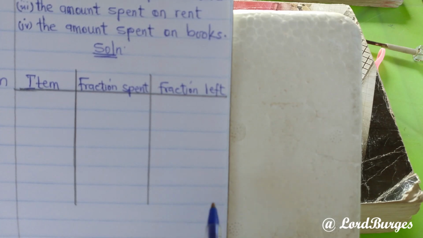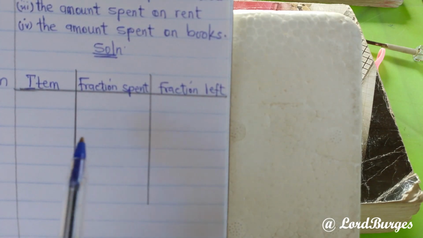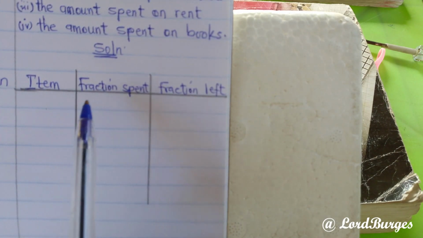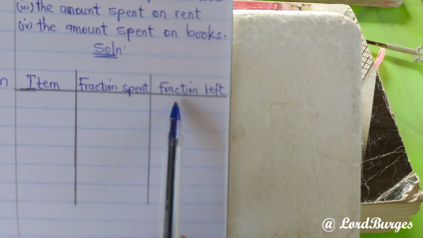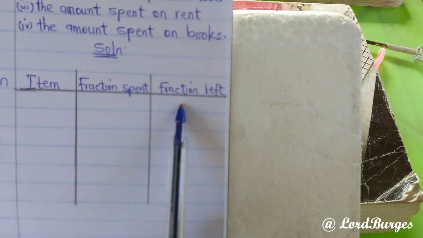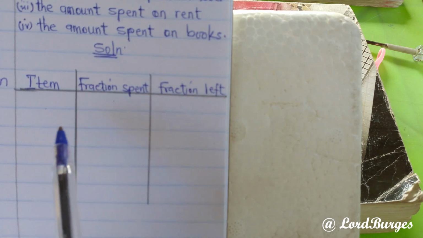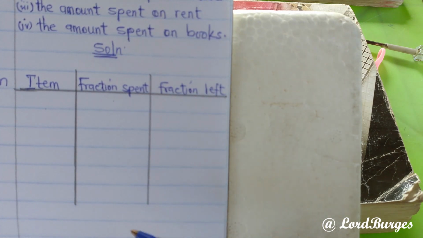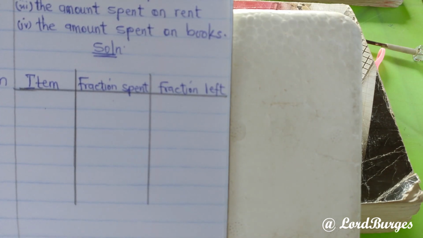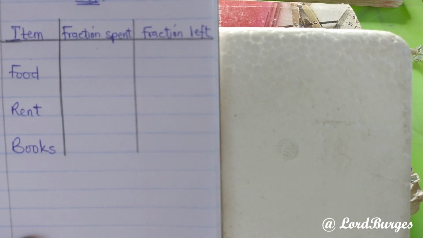So you have a table where you have the item, fraction spent, and fraction left. So the items we have over there, or whatever they are talking about, we have food, rent, and books as shown.